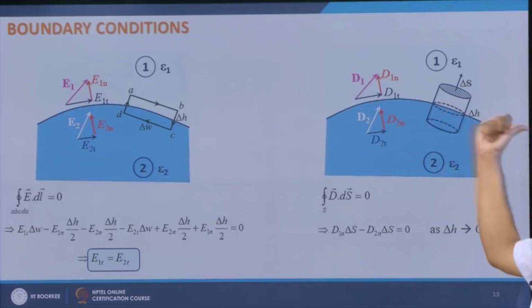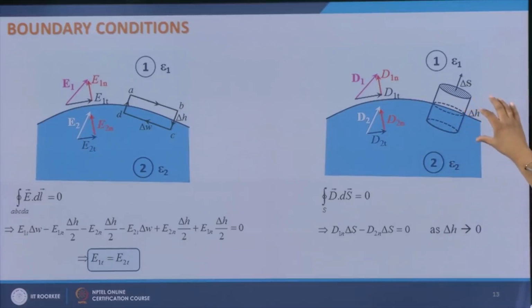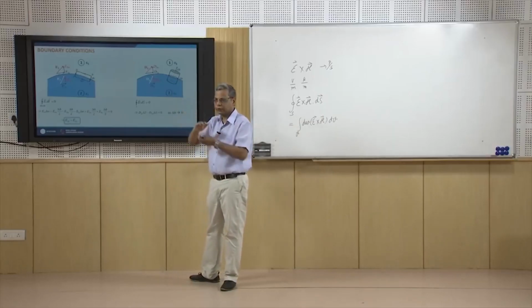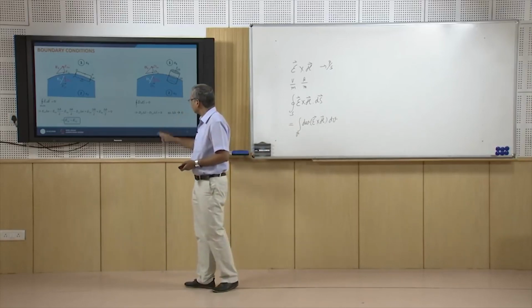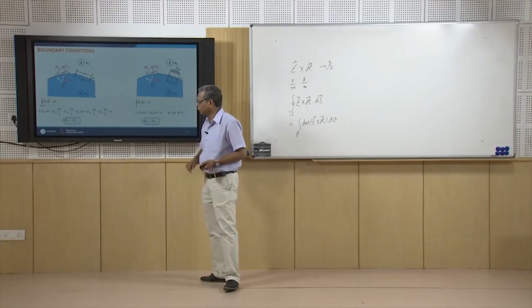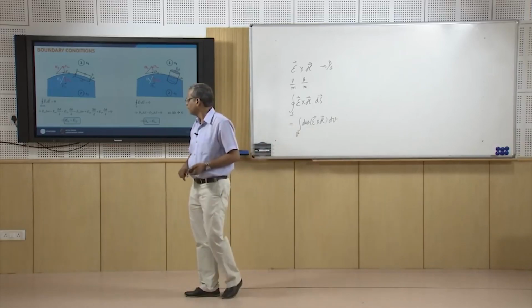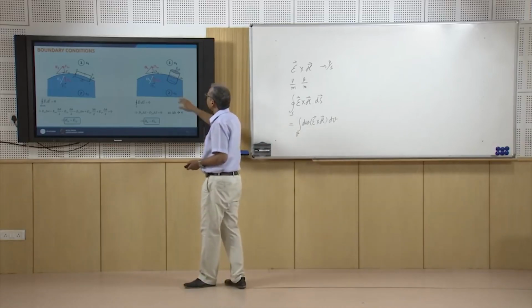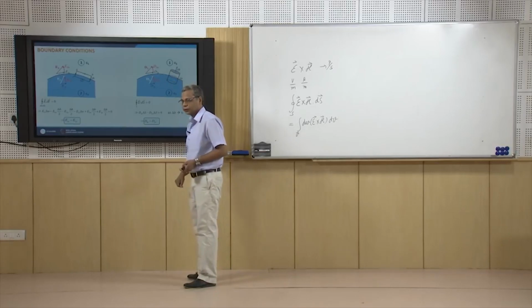And what is the flux through this curved surface? This flux through the curved surface would be 0 as delta H tends to 0, to close down to this interface. So, this gives me D1n equal to D2n, which means that the normal component of D should be continuous.